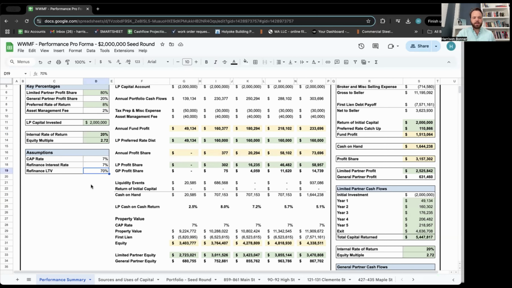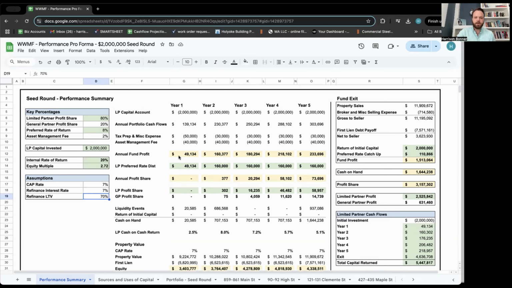And then with that, it's estimating a 70% loan to value. Again, I try to stick down the middle of the road with these assumptions, but these can be played with to see how it would affect cash flows and equity and things like that.